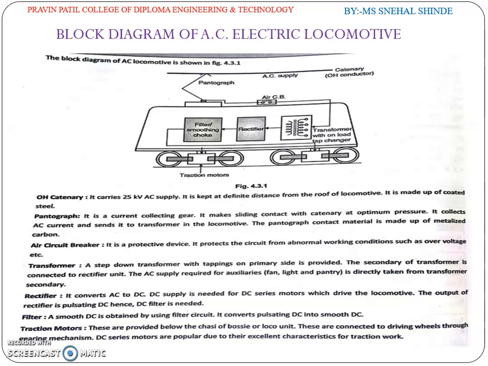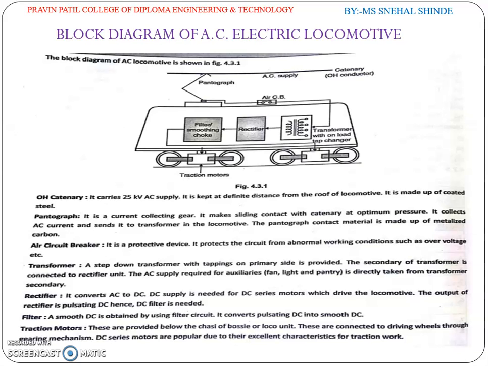Block diagram of AC electric locomotive. Overhead catenary: it carries 25 kV AC supply. It is kept at a definite distance from the roof of the locomotive.